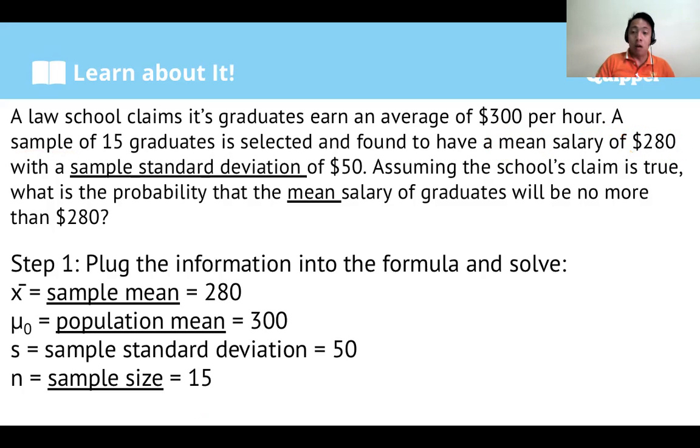So you must know how to identify those. Our population mean is $300 because that is the most obvious, the estimated salary per hour. Correct? That will be the population mean.